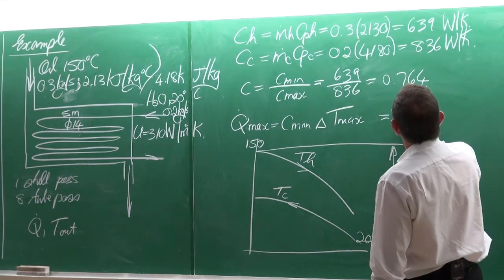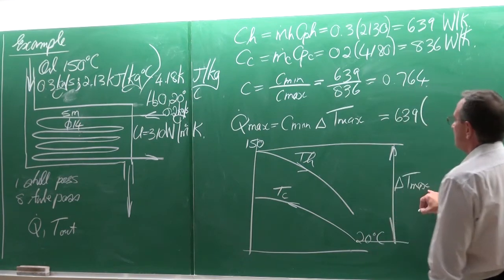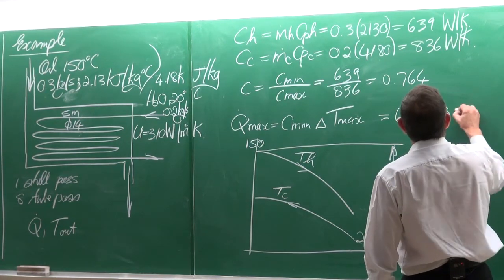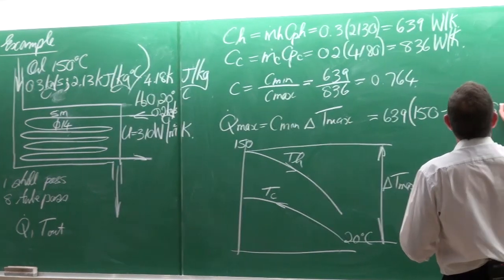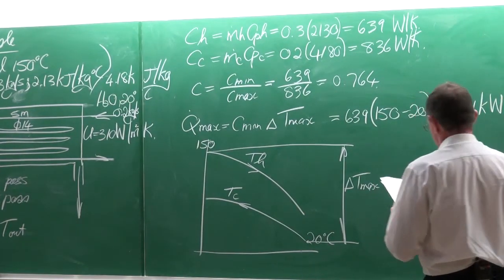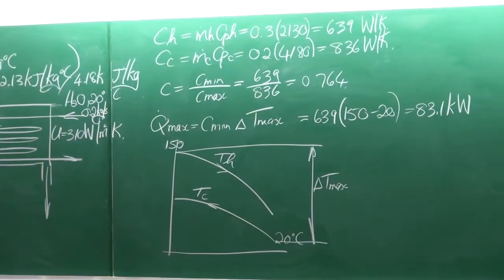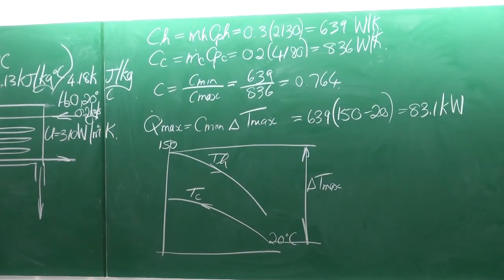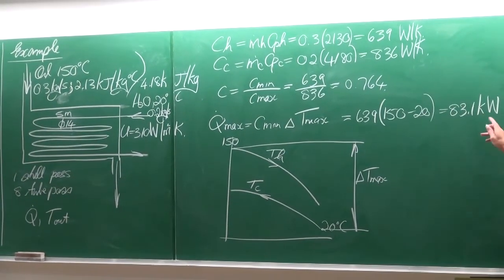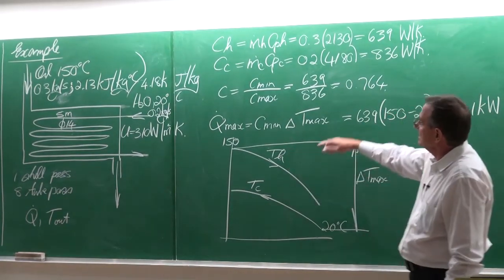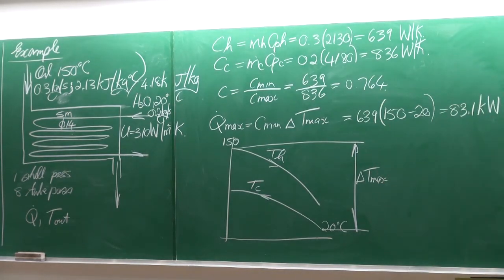Smallest C value is 639. Delta T max would be 150 minus 20. And that is equal to 83.1 kilowatts. Okay, so that heat exchanger with those two temperatures, obviously with that mass flow rate given and the specific streams, it can never produce more than 83 kilowatts.